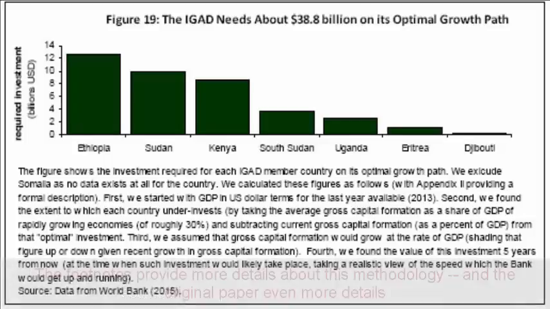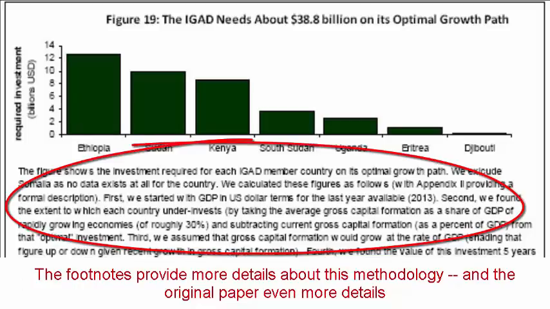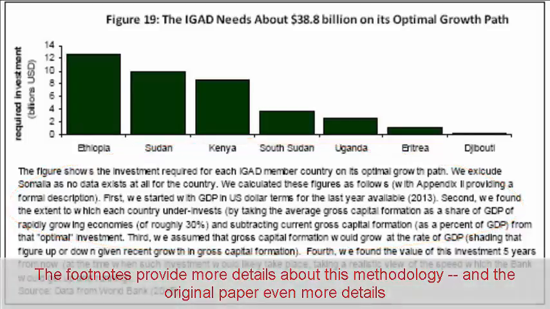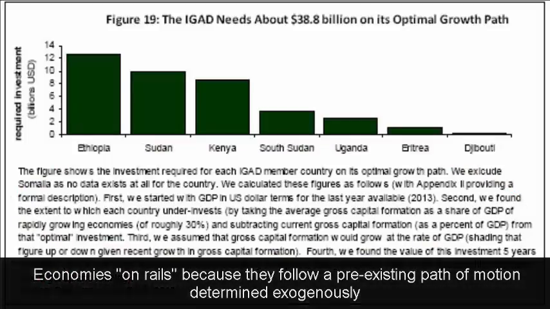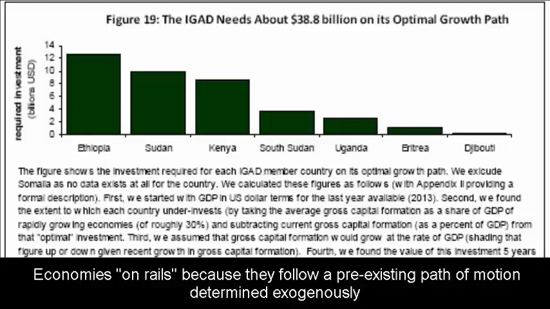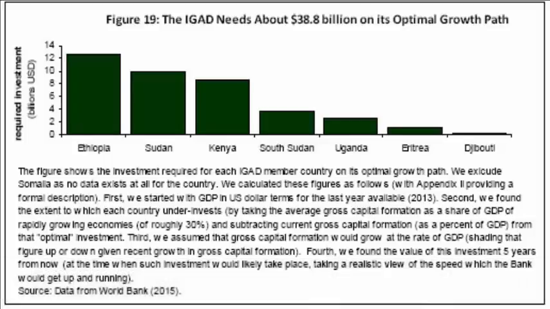And the methodology that we use, we assume that each of these economies is on rails, as it were. In other words, rather than developing a very complicated model of investment in these economies, we simply assume that these economies would grow at a certain rate depending on the investment they receive if we use other low-income economies as a role model.